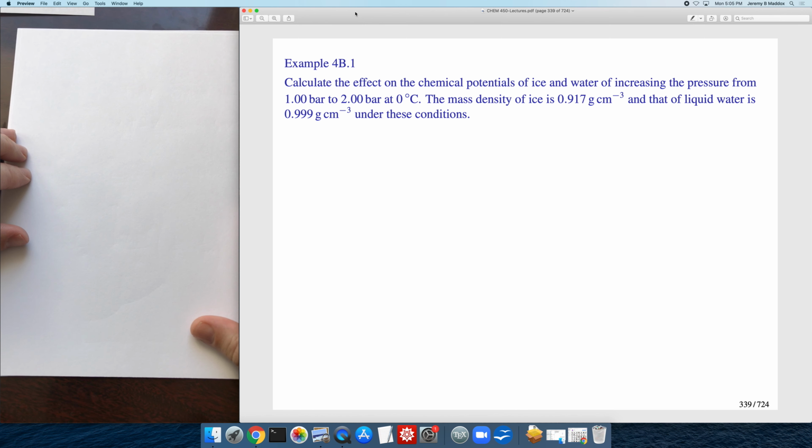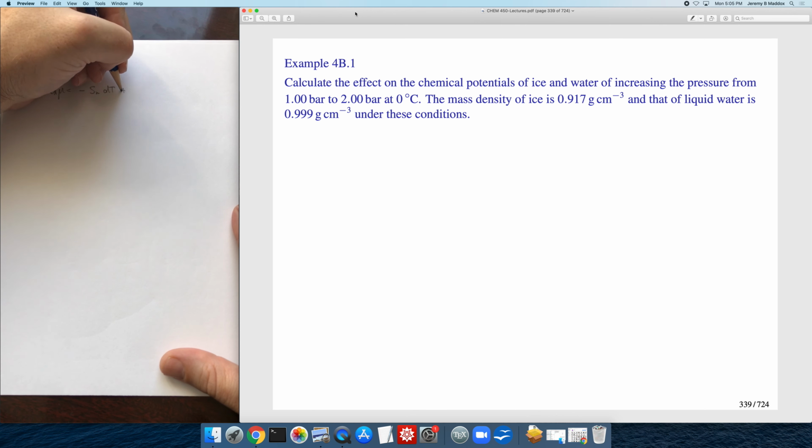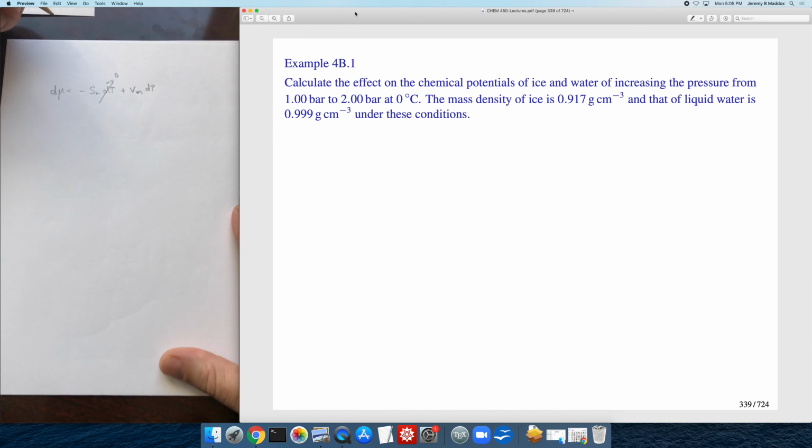So we've got the change in chemical potential is equal to minus Sm dT plus Vm dP. Temperature's constant, pressure changes. Now, solids and liquids, ice and liquid water, their molar volume does not change very much with pressure. So we're going to make the assumption that the molar volume is a constant as you go from 1 bar to 2 bars.